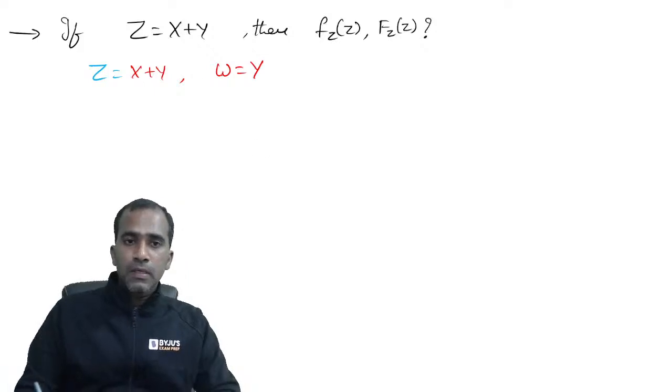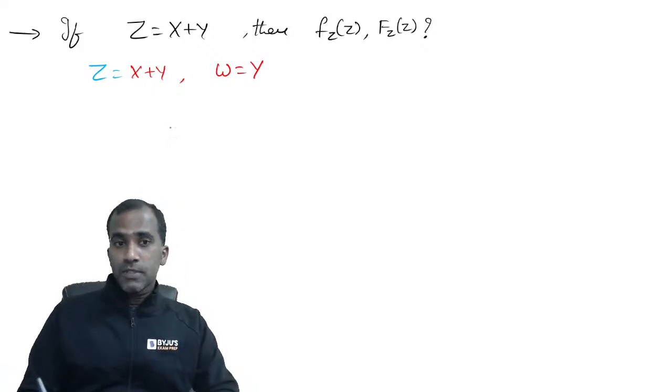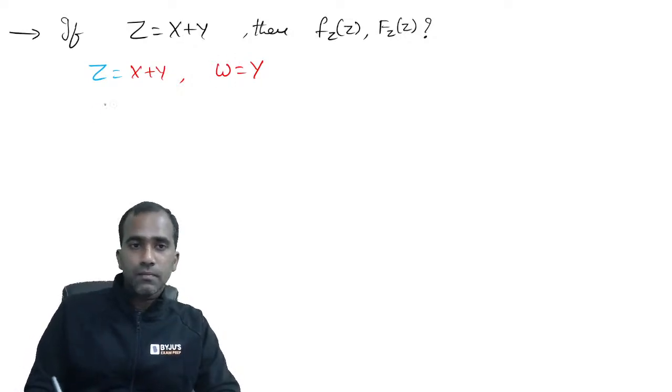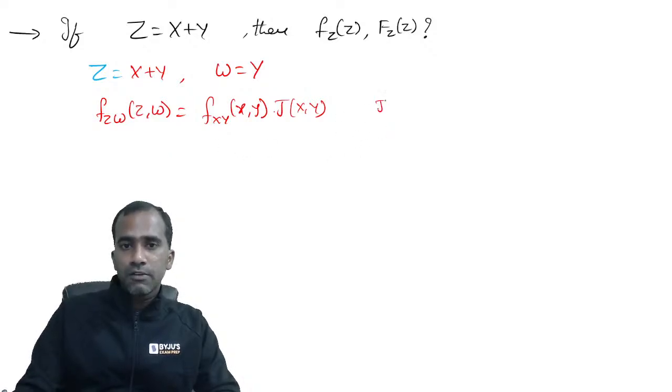Since we have a formula for two functions of two random variables, we want to use that. So that's why, though they have not given a second random variable, I have taken it. Now f_ZW of z comma w is equal to, I'm just using the formula here. Try to understand how I'm going to use that formula: f_XY of x comma y divided by the modulus of J of x comma y.